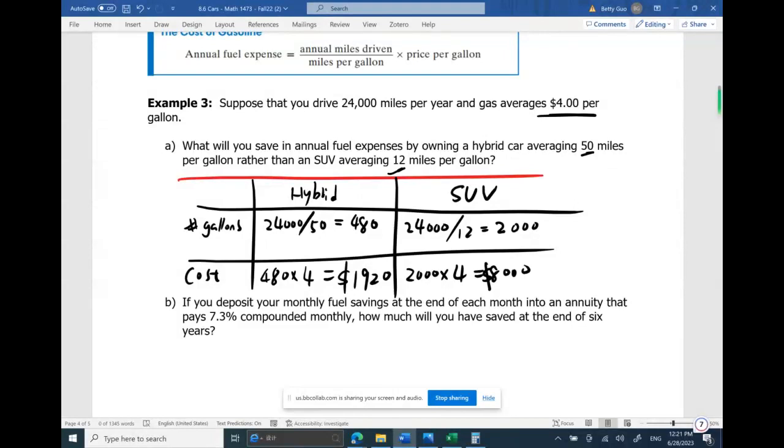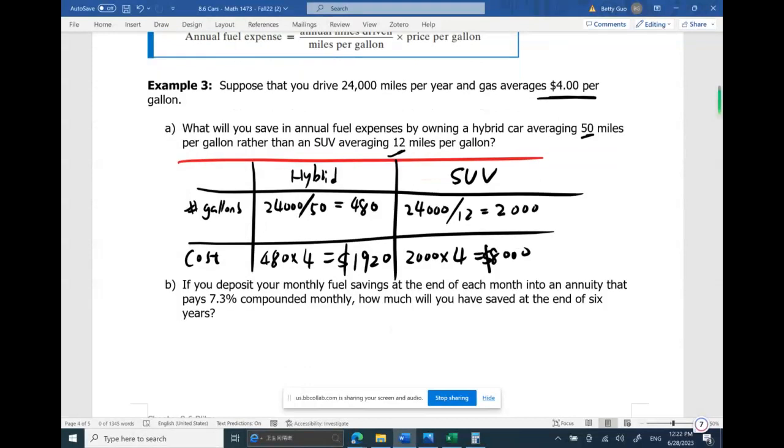Okay, part B. If you deposit your monthly fuel savings at the end of each month into an annuity, we learned annuity yesterday, right? In the previous video, that pays 7.3% compounded monthly, how much will you have saved at the end of 6 years?